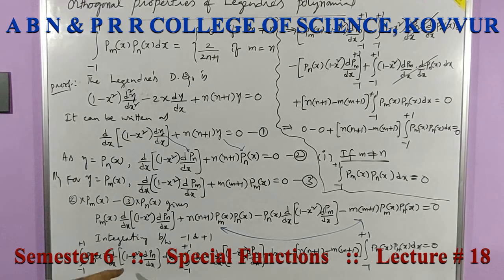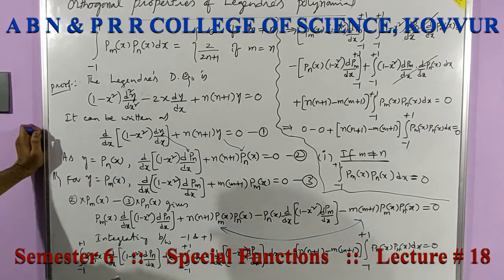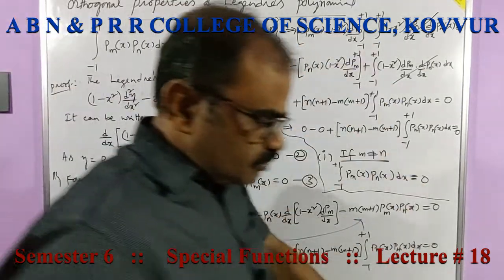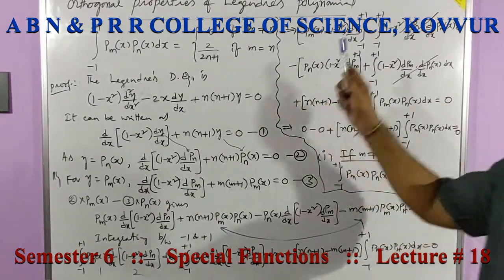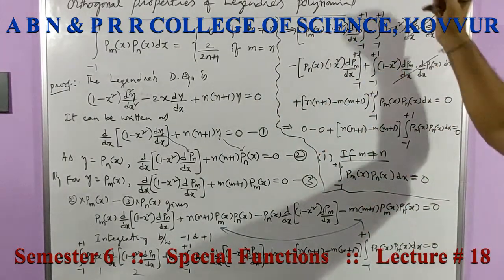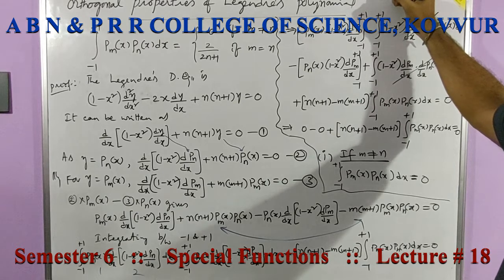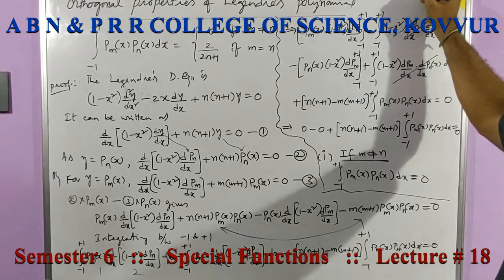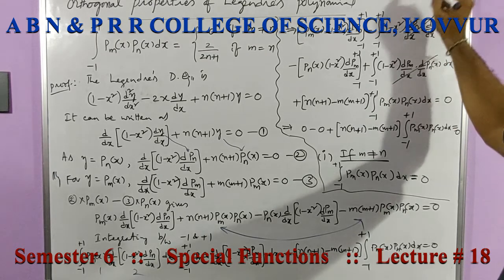Now, integrating by parts: first function into integral of second. What do you get? First function is Pm(x). Integral of second: this is d/dx of this one, the derivative of a function, and integrating it, what you get is the same function, (1 minus x square) dPn/dx. If you integrate 2x, what do you get? 2 into x square by 2, that is x square.